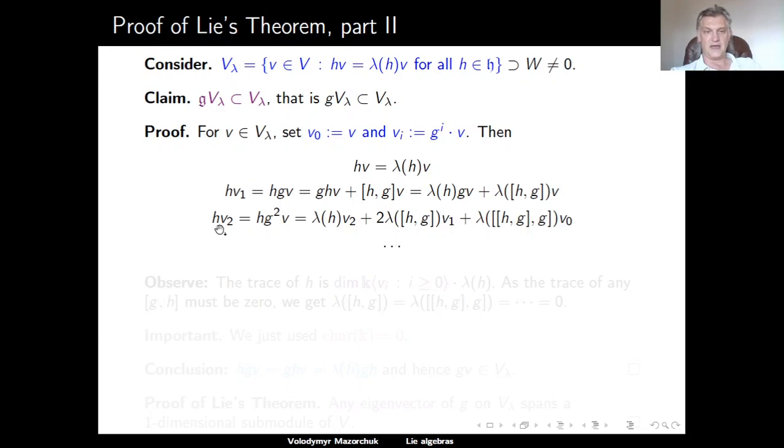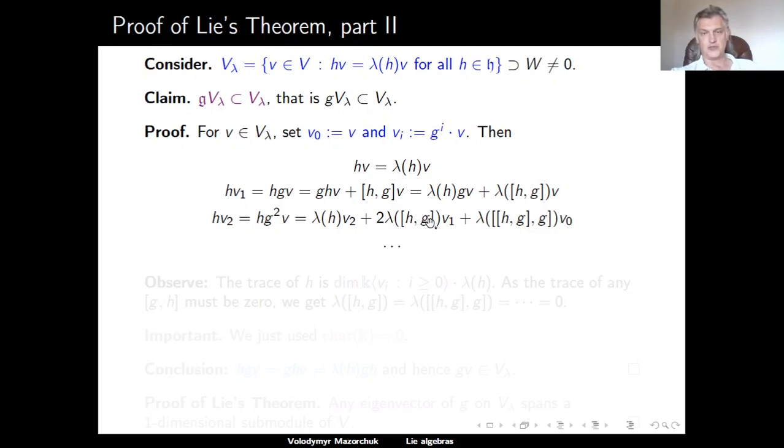If we apply h to V_2, now we have h g squared applied to v. Again, we can commute h all the way to v. We have to commute it past g twice, and then we get lambda of h applied to V_2, because h v is lambda of h v. The price we pay when we commute is that we get the commutator of h and g. But this is again an element in H, which we again can commute farther to v.